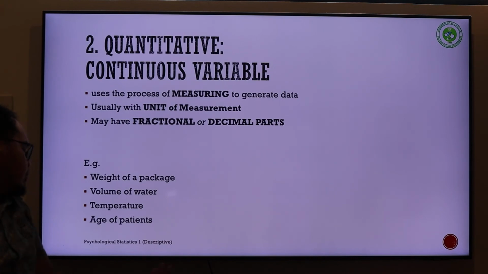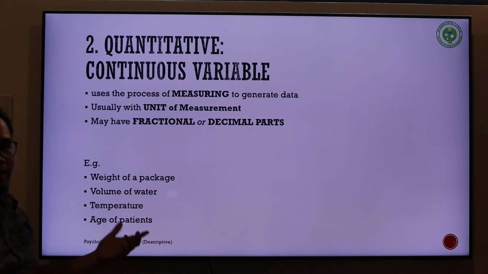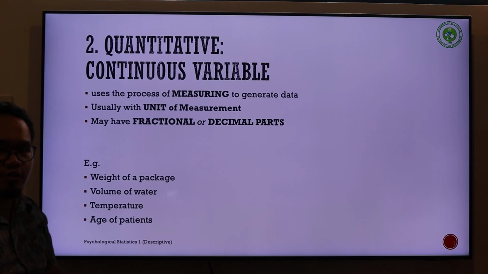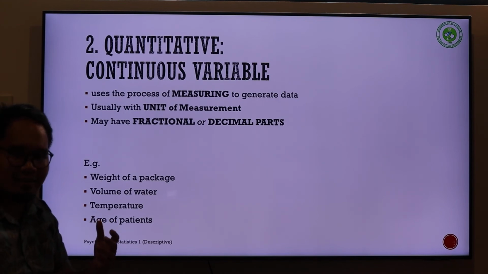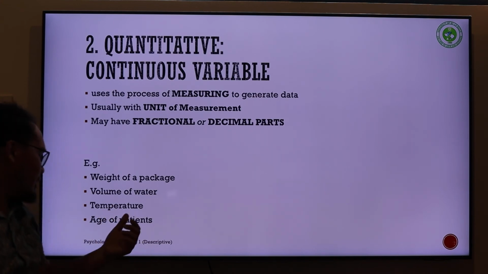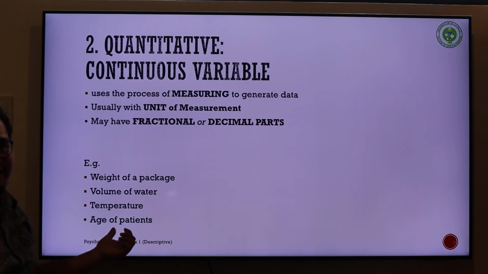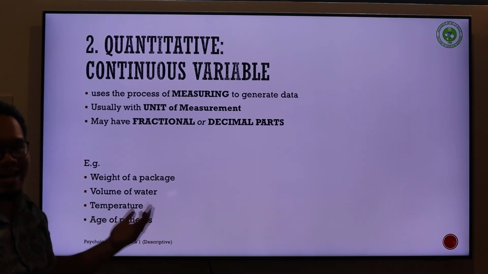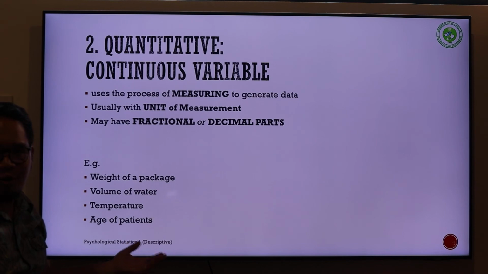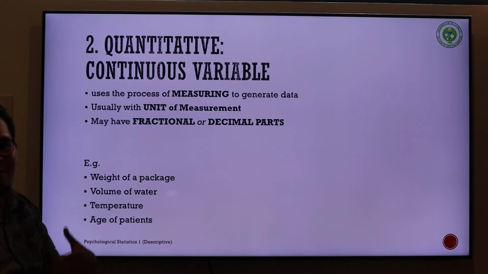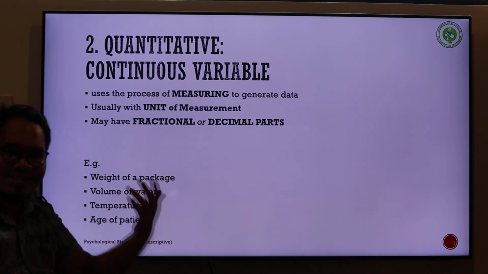Okay? So some of you would say, hey, sir, we don't measure the age, we count it. But actually, what is the unit of age? It's years, right? A year is 1 unit of time. So if you say that you're 19 years old, 20 years old right now, you're not exactly 20 years old. You're 20 years old plus how many months, how many days, how many minutes or seconds.